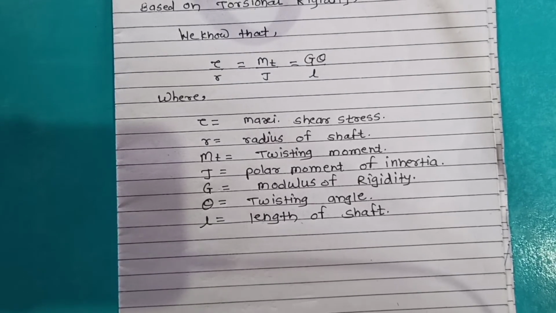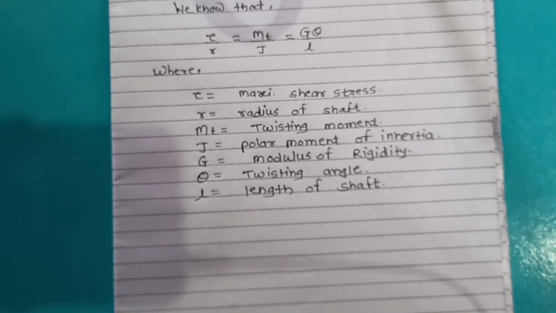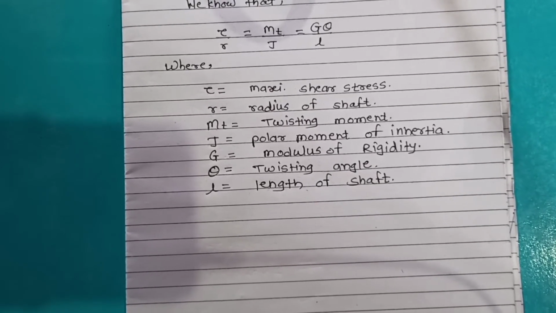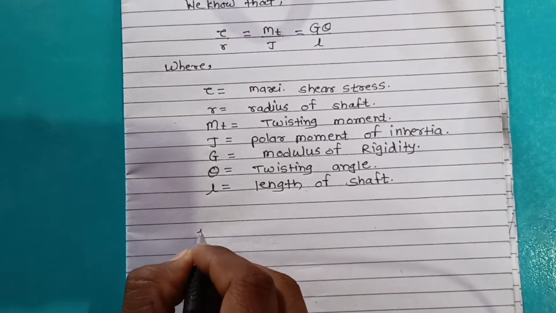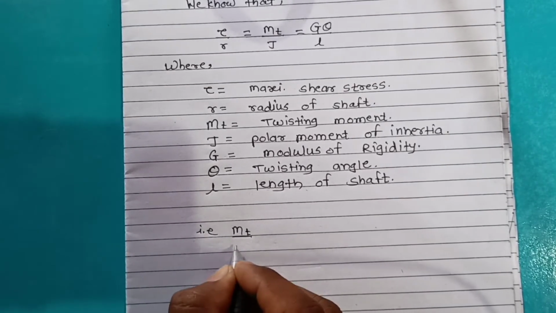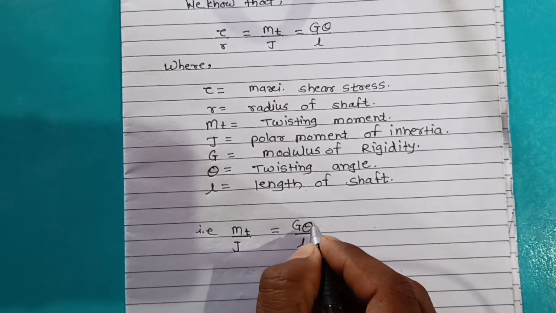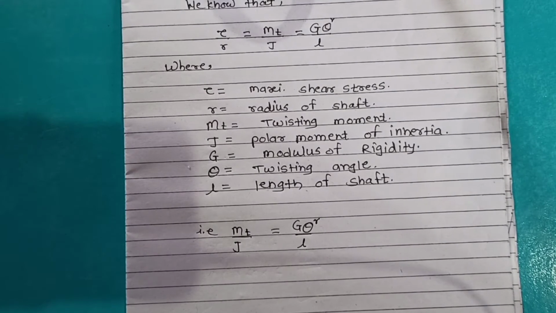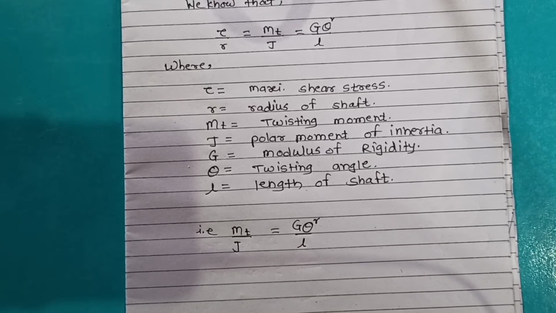Now we will find out the formula for torsional rigidity or angle of twist. Take the equation Mt by J is equal to G theta by L. This theta is in terms of radian, but in the final formula theta is needed in terms of degree.